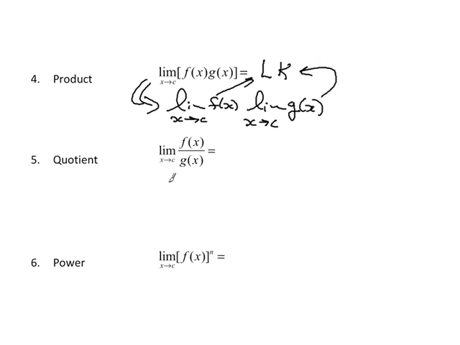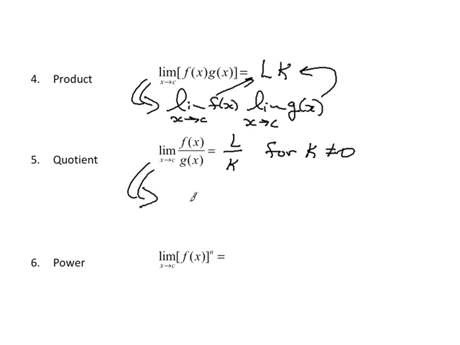Now the quotient. Here the limit as x approaches c of f of x over g of x will equal L divided by k, which is probably what you suspected. This is provided, and we have to have a caveat here, for k non-zero. Remember, k is a real number. We said k could be any real number. Here, k can't be any real number. The limit as x approaches c of g of x has to be non-zero.